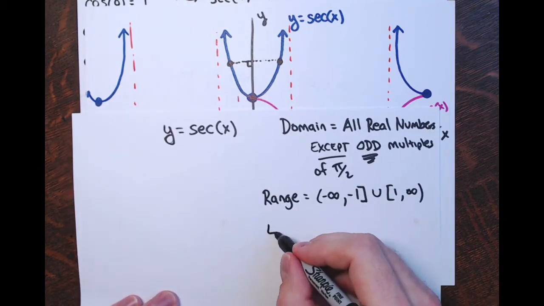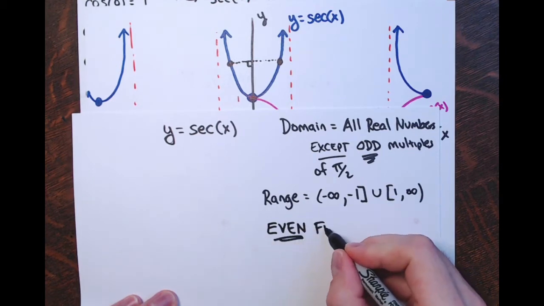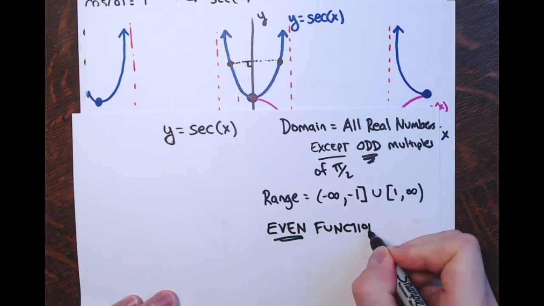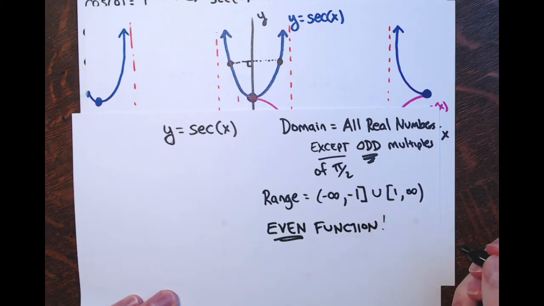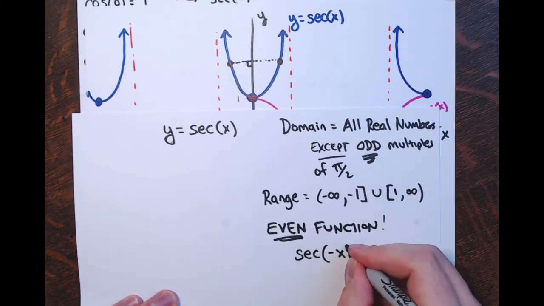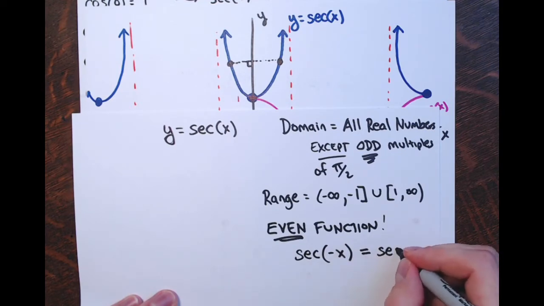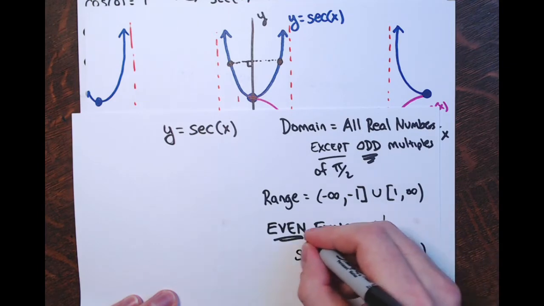And that was called an even function. It had a graph with y-axis symmetry, meaning that the secant of a negative angle is exactly the same as the secant of the positive angle.